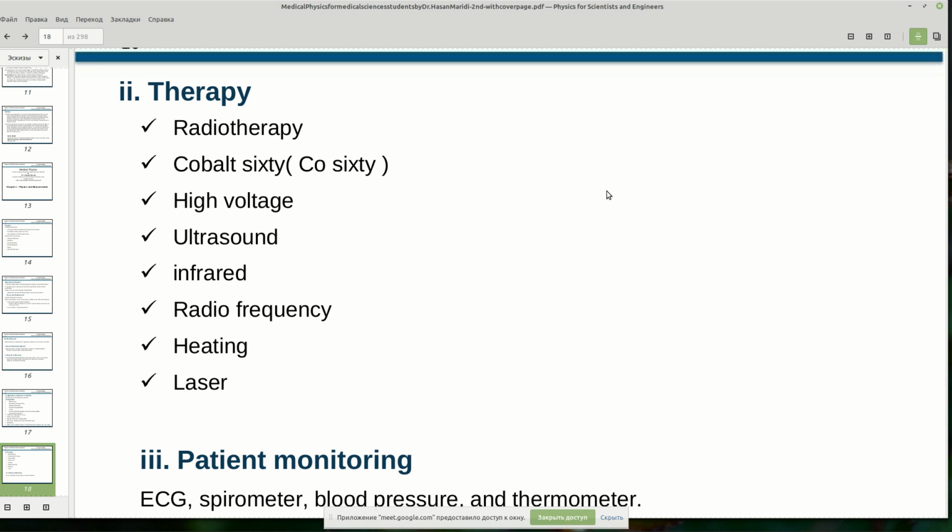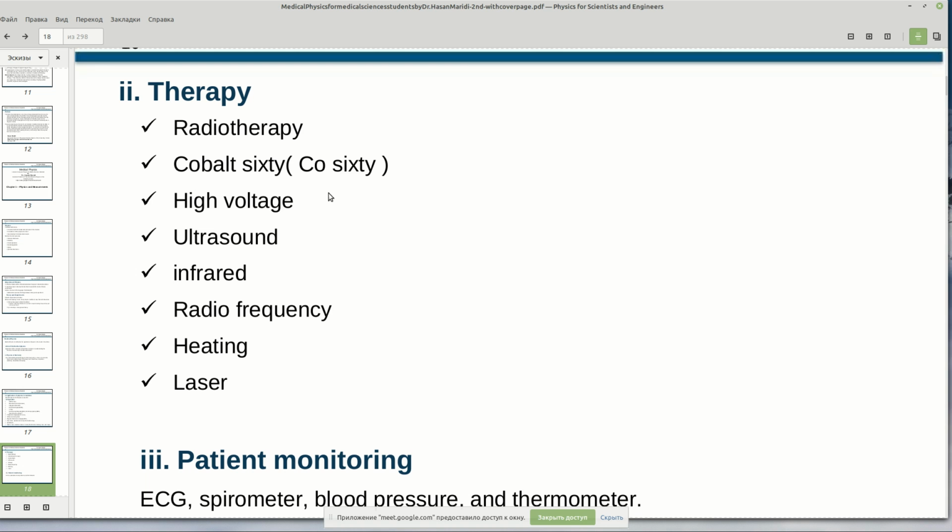Therapy, different types of therapy. Radiotherapy, yes, I already told you about the radioactive isotope of iodine. Cobalt 60, Co 60 it's called, but it's a little bit not usable in this way, but it's normal, it really works, in American literature.